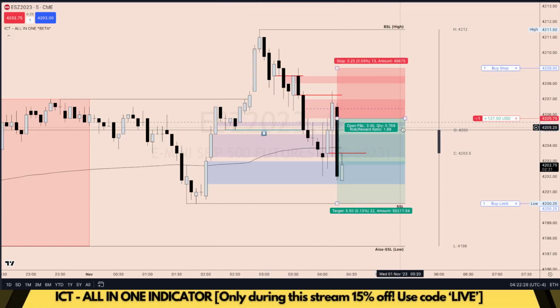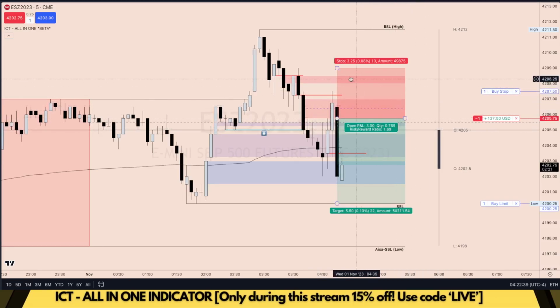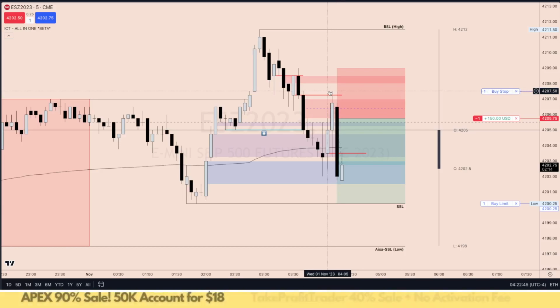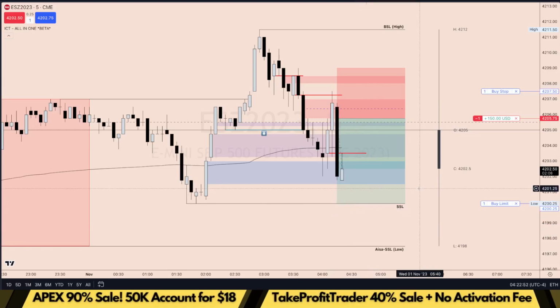This is our breaker block, so I think we should be fine moving our stop loss at least to this candle's high. Break even would be too risky for me personally right now, but no reason to keep on holding on to that trade if we go back above this high. Unless we chop around here, but I don't really see that as a possibility.